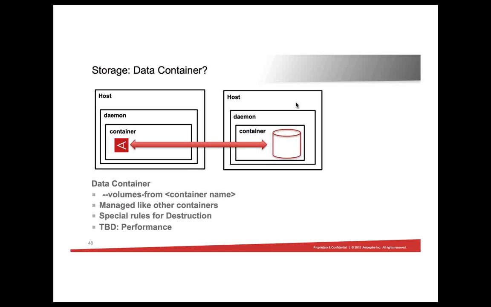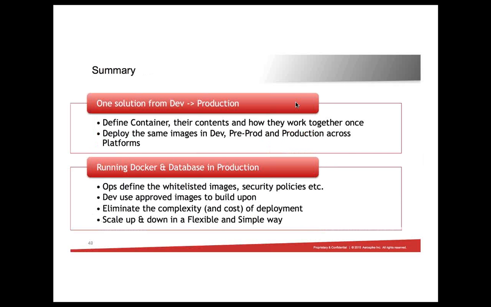I would say this is still a fairly new way of thinking about persistent storage for data. From our side, we've not done any performance analysis of this particular topology. So I think the jury's still out on this one, but you should be aware that that's another way.